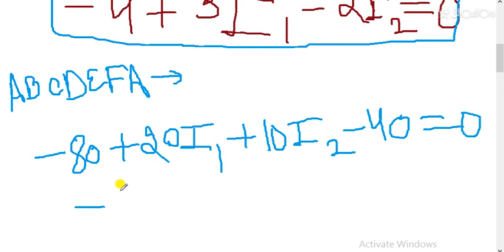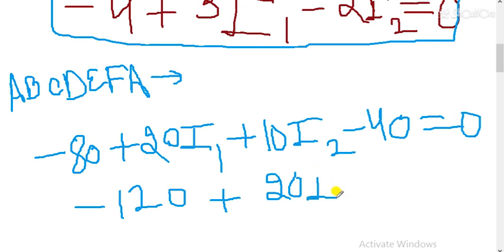Now it will be minus 120 plus 20 I1 plus 10 I2.